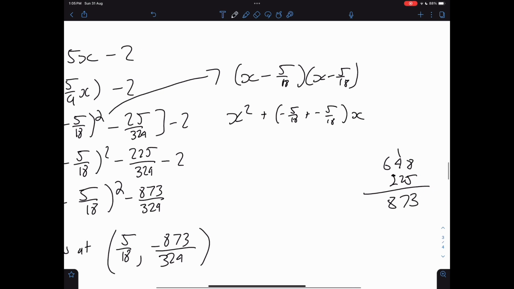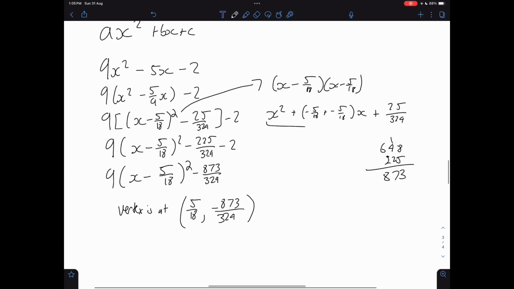Then you'd multiply those two together to get that c part. And then if you simplify this part, because it's half and two halves make a whole, you'll get 5 over 9x like you have there. But then you'll also have, annoyingly, that other part there, which is why you have to minus it again.